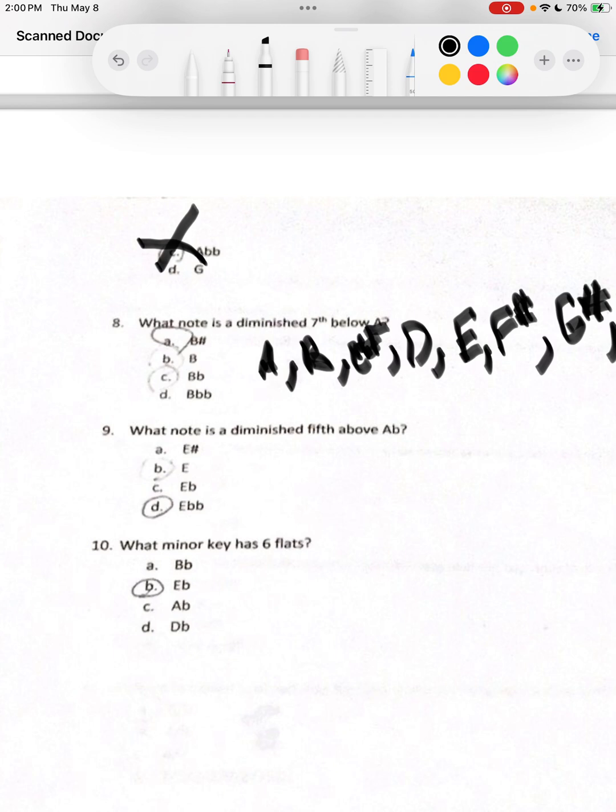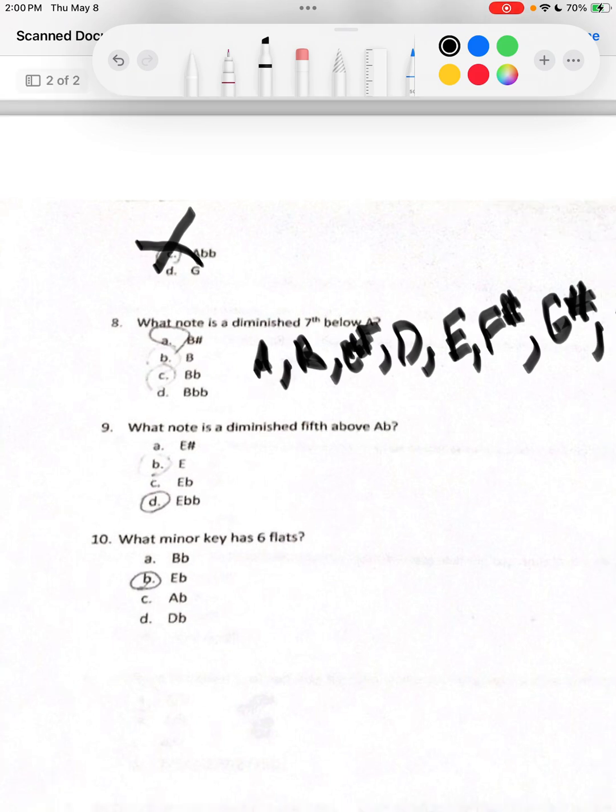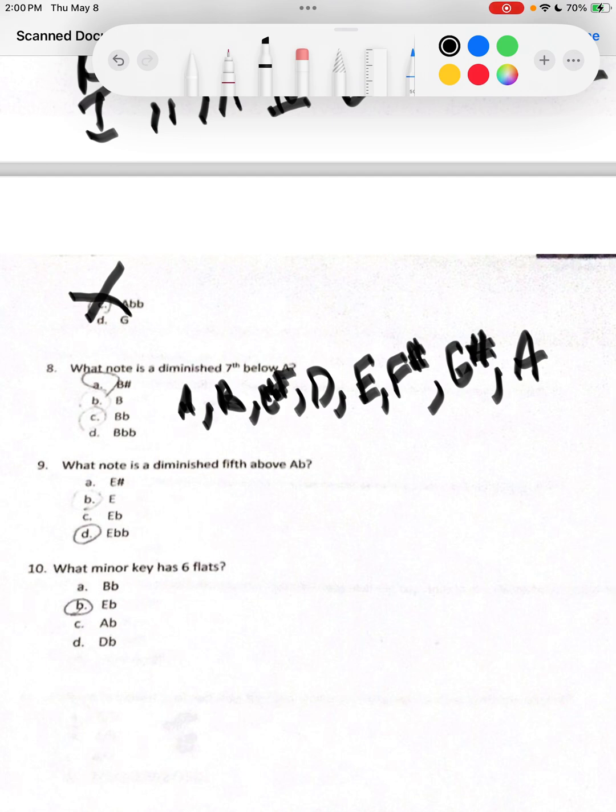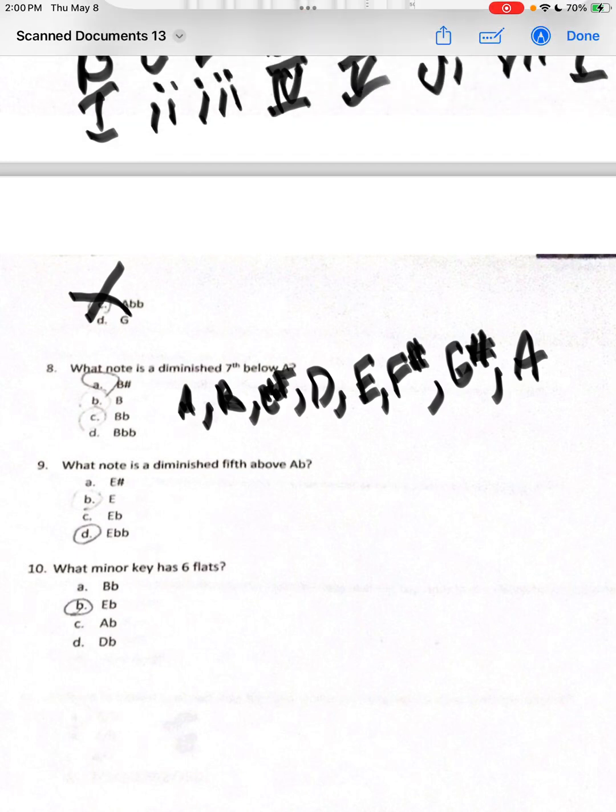No, that's a trick question. Below A, below A, below A, okay. There's no way that's a B sharp. Oh boy. Alright, B?